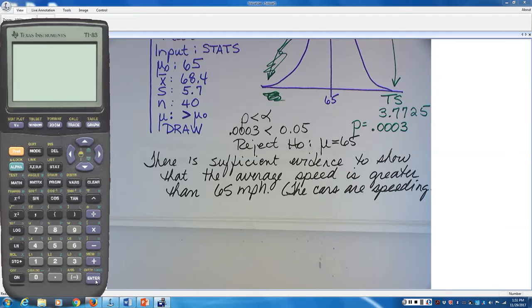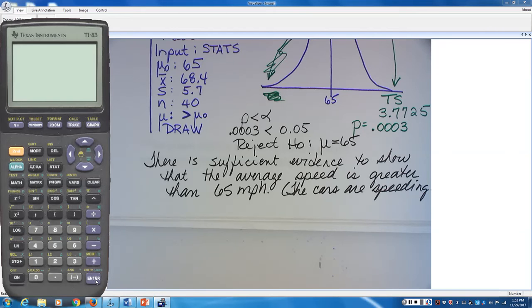Okay? So, would we ever say, since we reject H0, that means that it's insufficient, or you just say there is sufficient evidence? You'll always want to tell me I reject H0, so I'll know that was what you did. But then when I ask you to write me the conclusion, you don't reference H0.